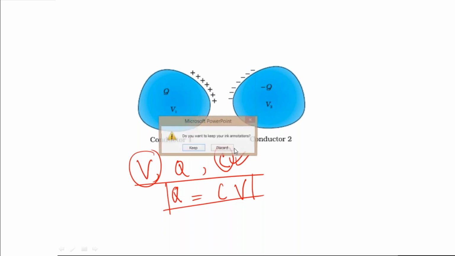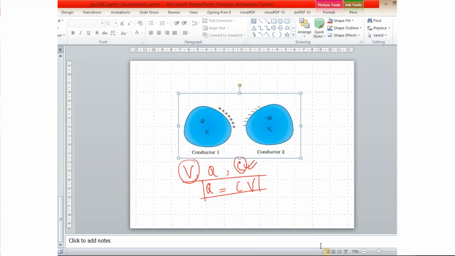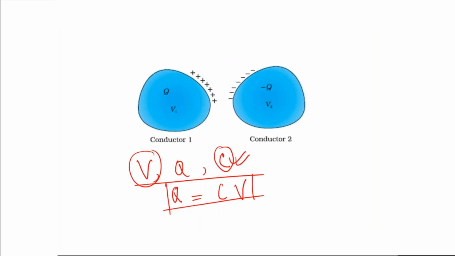Now, you might have learned in your previous classes that resistance is denoted by this kind of circuit symbol, right? For a capacitor also there is a circuit symbol.